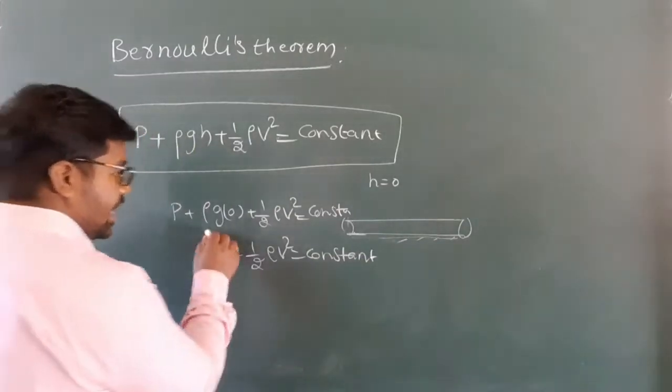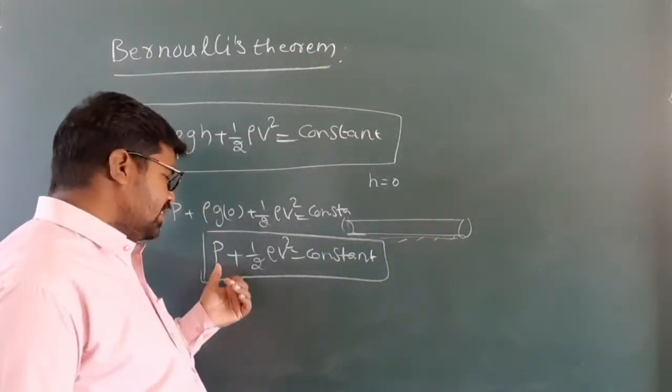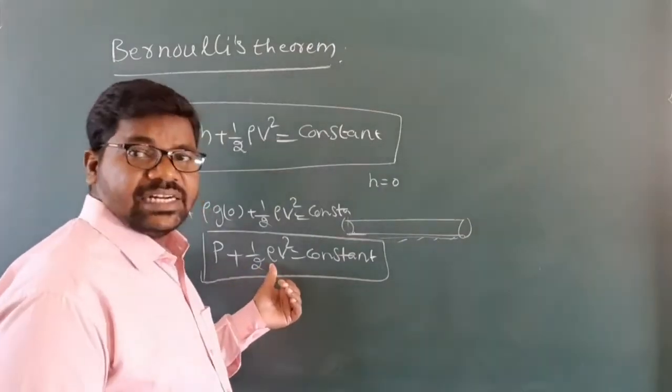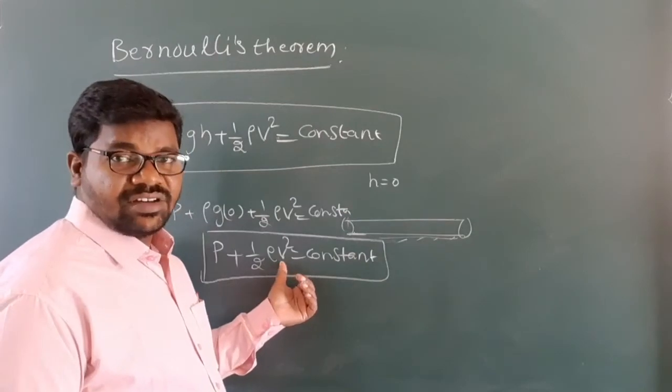Here P is the pressure, rho is the density, and v is the velocity of the fluid.